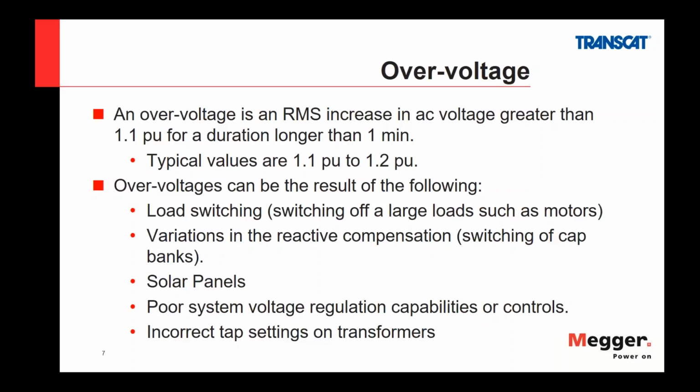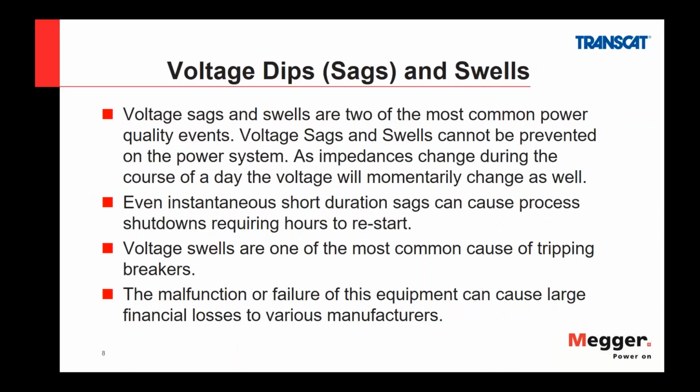Typically, they would be 1.1 pu to 1.2 pu, and caused by load switching, such as large motors, switching of cap banks, even poor voltage regulation capabilities in a system, incorrect tap settings on transformers, and solar panels, because they turn off and on real fast due to the cloud cover, which can create that.